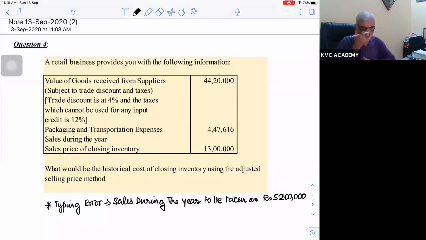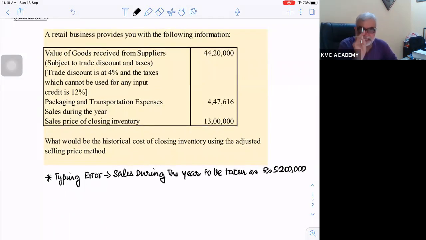Okay, now, when they say that the taxes cannot be used for any further credit, you can include the taxes to the inventory value. But if the taxes can get you a further input credit, you cannot take it as a part of your purchase. All right, I'll repeat again. If the taxes charged can be used to get you another further credit, input credit, then you cannot add it to the purchases. It will be adjusted against your output tax. So therefore, you have to look out for this.